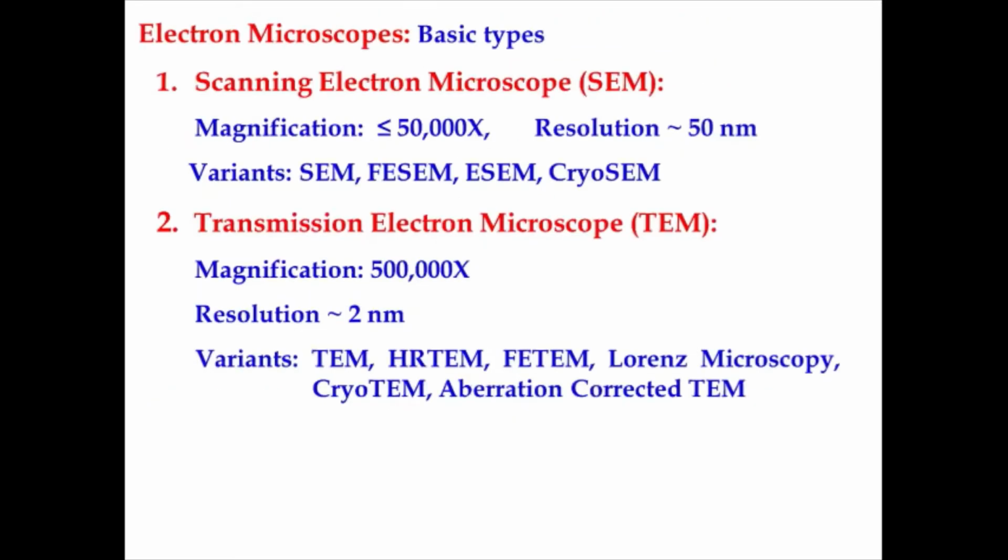So based on the working principles, the electron microscopes are categorized into two types. One is scanning electron microscope, another is transmission electron microscope. They have different magnifications and different resolutions, and hence they have different applications.